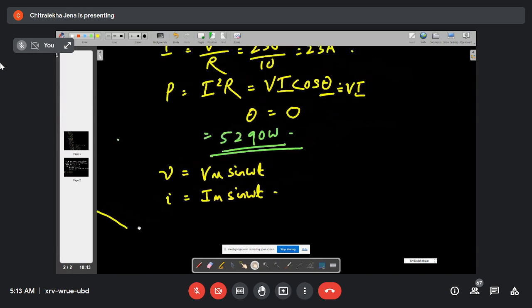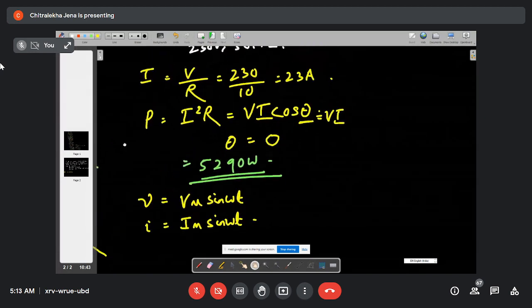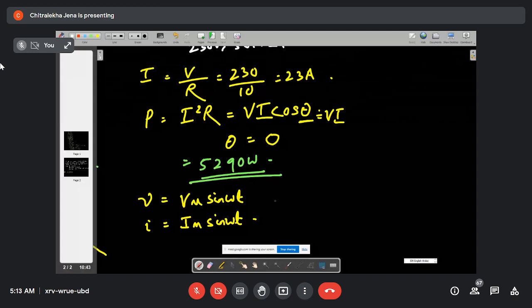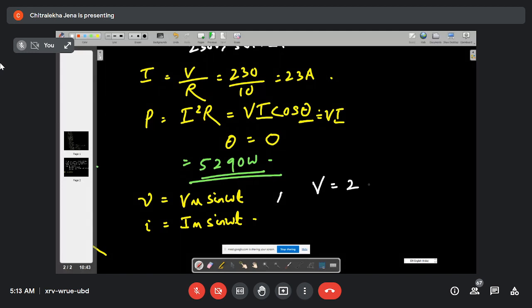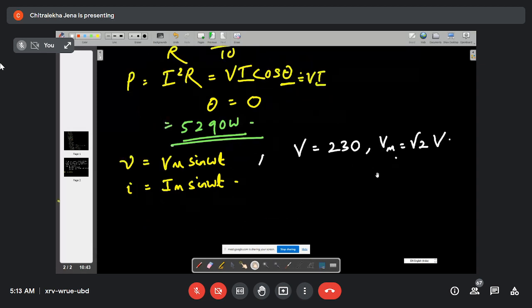Tell me. Your V is equal to how much? 230. So what will be your Vm? Vm is equal to root 2 into RMS. Yes or no? You have forgotten this formula or not? You know this formula or not? Maximum by RMS is equal to root 2.